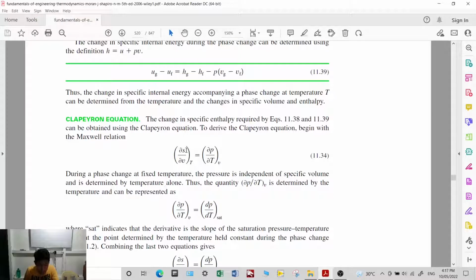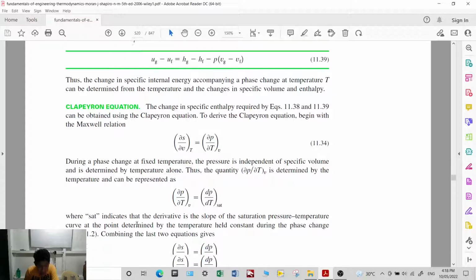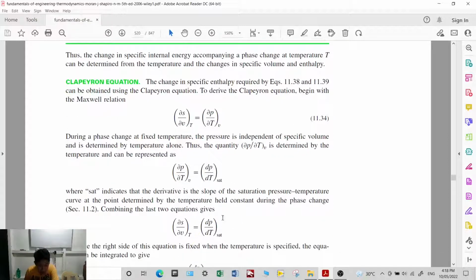So from here, the partial of S with respect to V at constant temperature is equal to the partial of P with respect to T at constant volume. And then in a phase change, your temperature is fixed. Therefore, the pressure is independent of specific volume, so it is no longer a partial derivative but exact, dP over dT at saturation pressure.